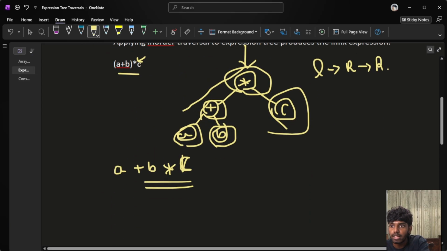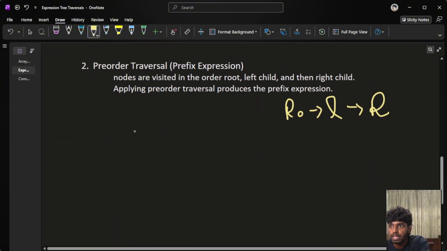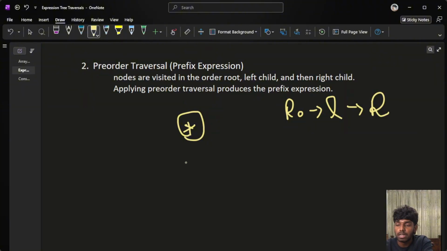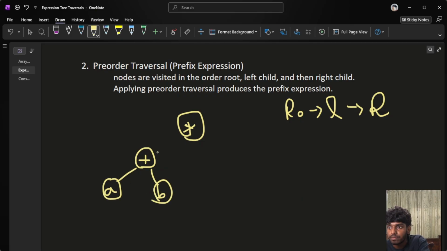Because we already did the expression tree, I'm going to grab that and paste it here. So the root is the multiplication sign, and we got plus right here, and then the A, and then the B, and the C is right here. So we go root, then left, and then right. We begin right here, so we got the root first, and then we go to the left.